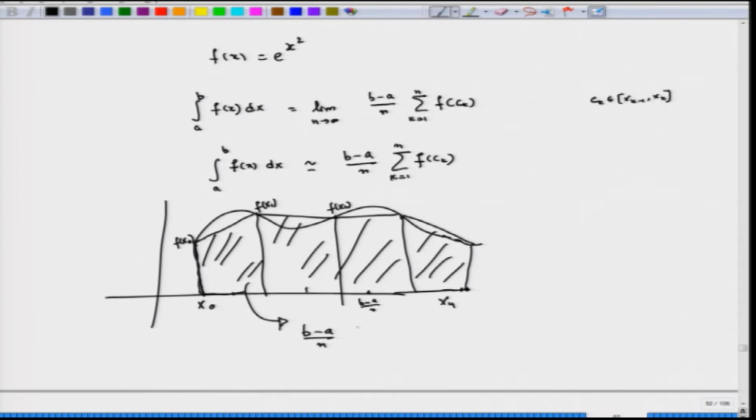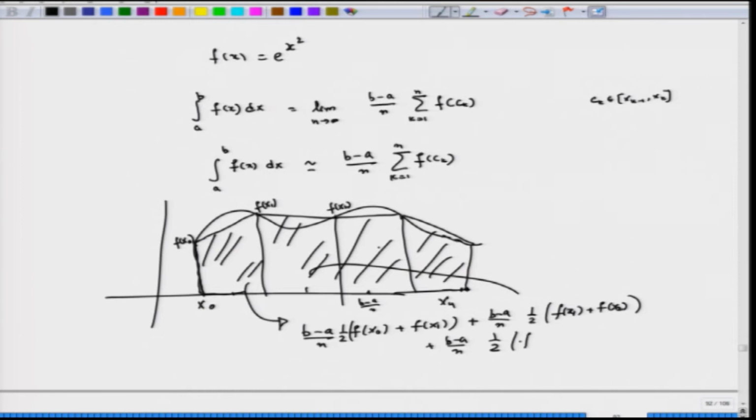So the first area is (b minus a) by n times half of f of x naught plus f of x 1. Adding, the second is (b minus a) by n times half of f of x 1 plus f of x 2, the third is (b minus a) by n times 1 by 2 of f of x 2 plus f of x 3, and so on up to the last trapezium in this picture.